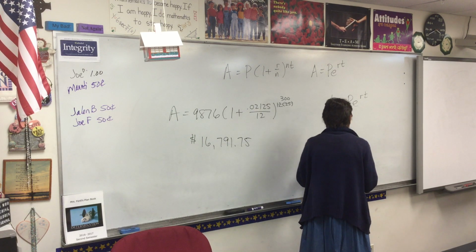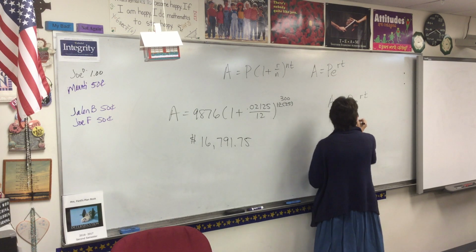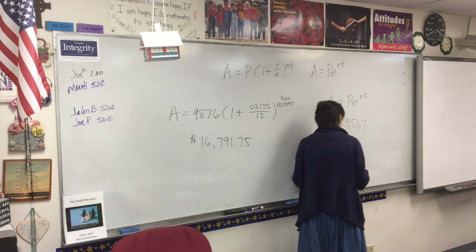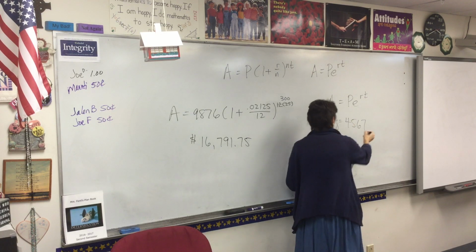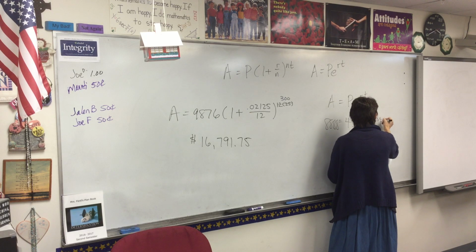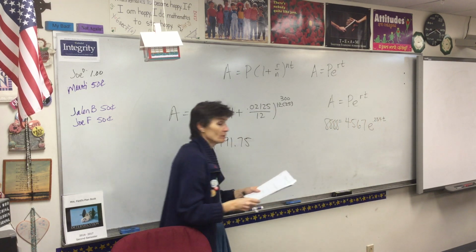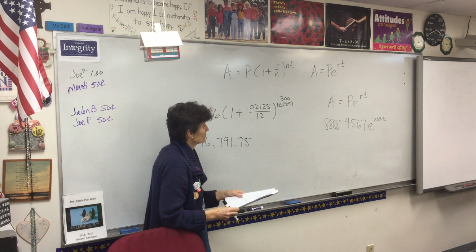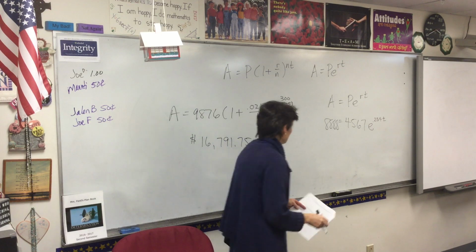What do I do with the 4, 5, 6, 7? That's P. That's what I start with. What's the 8888? That's the A. That's what I end with. R is 0.234. And T is what I'm looking for. Yep. Okay. Divide by 4, 5, 6, 7.